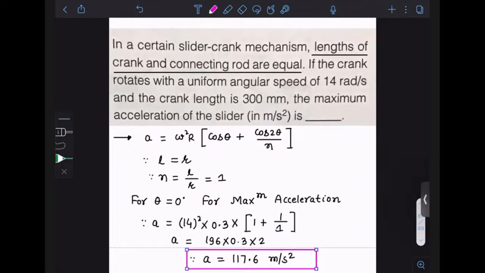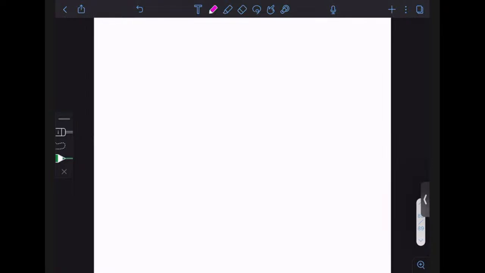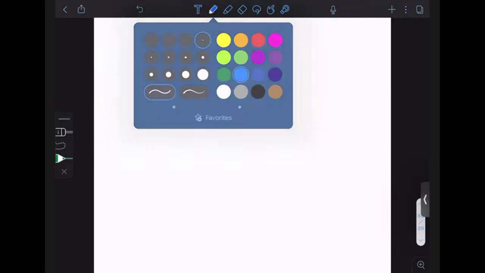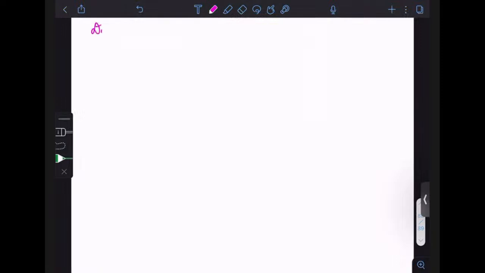So now we are done. We have done so many problems, everyone. Okay, now we have to understand the dynamics analysis of single slider crank mechanism.